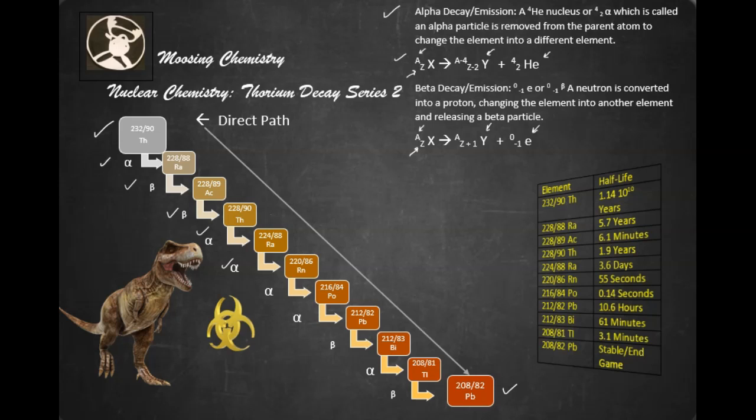All right, let's move on down the list a little bit further. Again, we could be doing these equations that we have in the upper right-hand corner right here, this one and this one, but for the sake of the length of the video, we're just going to go ahead and do this in our head. All right, so Radium-224 undergoes alpha decay, it becomes Radon-220. Radon-220 undergoes alpha decay, it becomes Polonium-216. Polonium-216 undergoes alpha decay again, it becomes Lead-212, Pb-212.